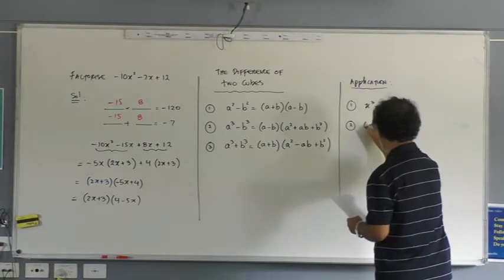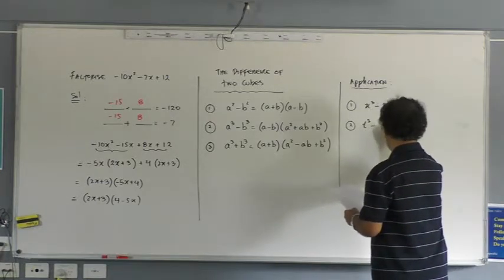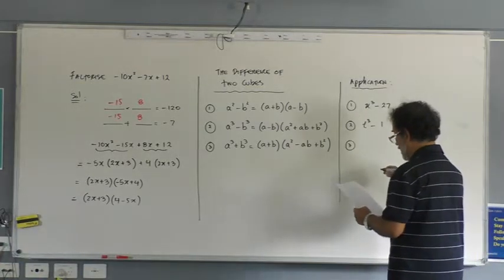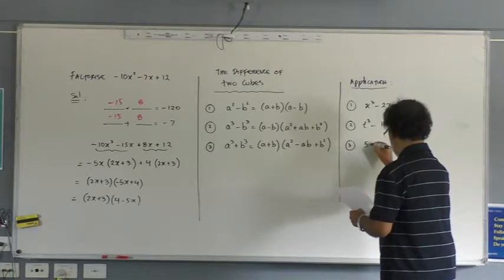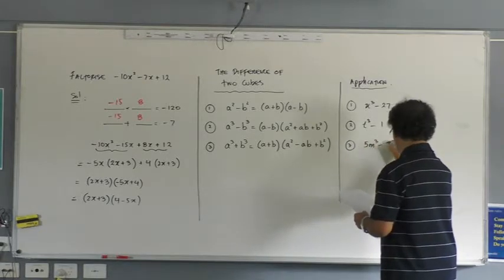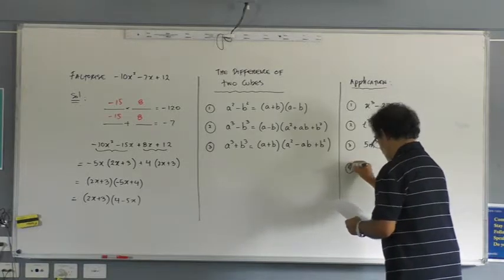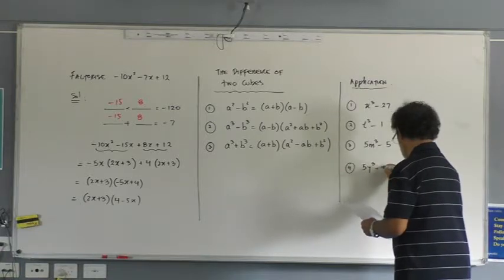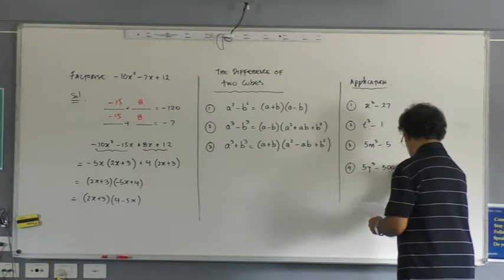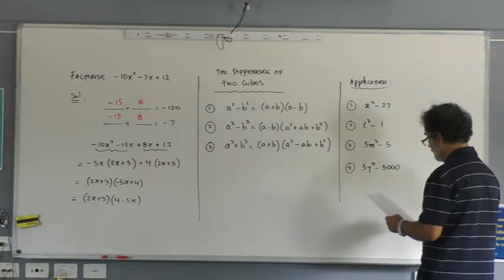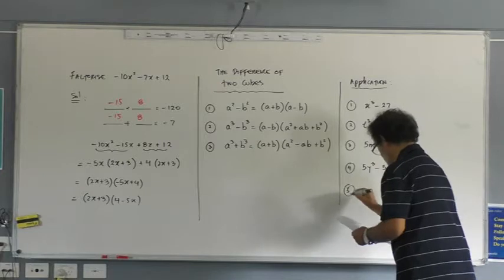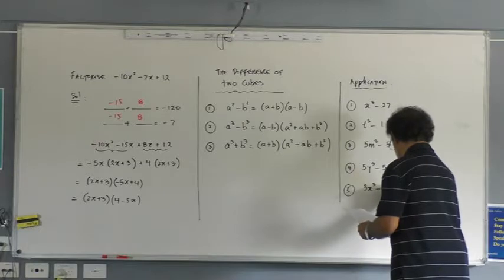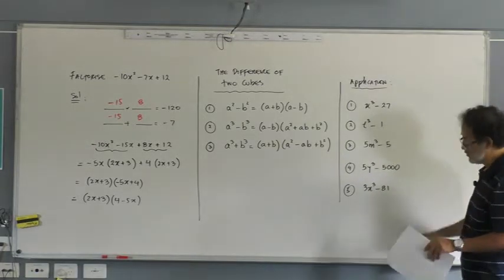Number 2 is t cubed minus 1. Number 3 is 5m cubed minus 5. Number 4 is 5y cubed minus 5,000. And number 5 is 3x cubed minus 81. We're going to do all these questions.